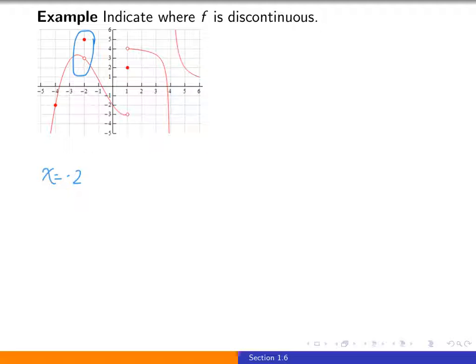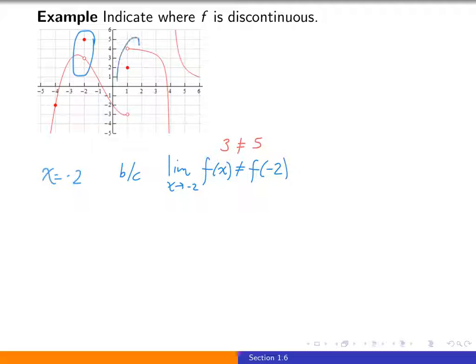So I'd say x equals minus 2 because the limit as x approaches minus 2 is not equal to the function value. Just to note, 3 is the limit, 5 is the function value. 3 is not equal to 5, so the limit is not equal to the function value, discontinuous.